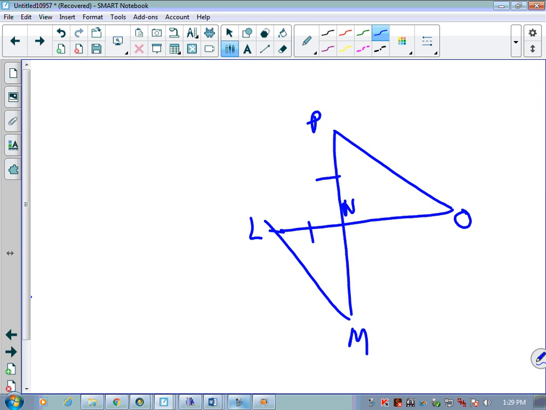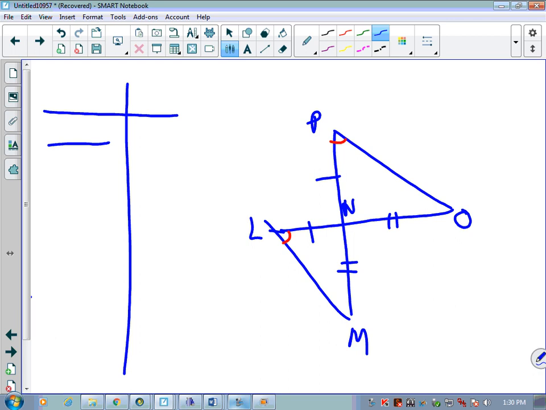They tell you that MN is congruent to ON. And we want to write a two-column proof to show that angle L is congruent to angle P. Whenever you're doing this, you should start off with your givens. So they list two givens for you. I'm not going to rewrite those down.